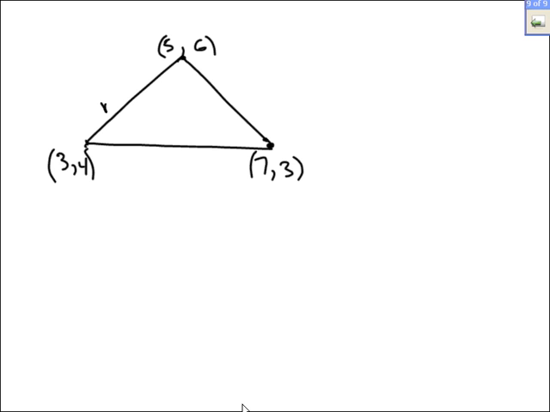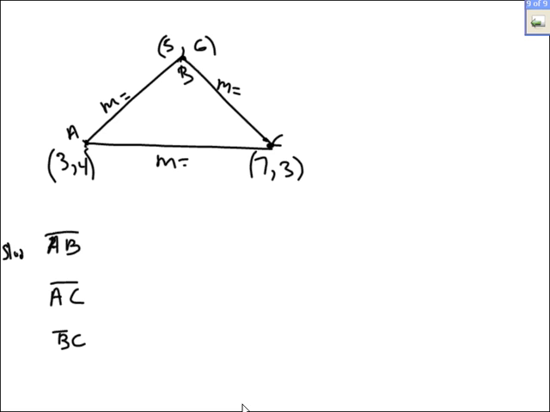I want to know the slope of that line, that line, and that line. If I also called these A, B, and C, find the slope of AB, find the slope of AC, and find the slope of BC.